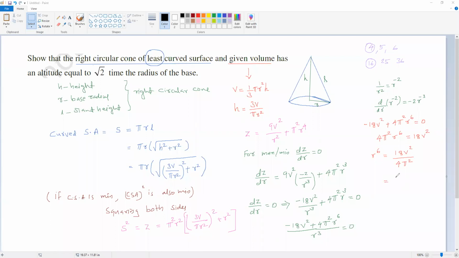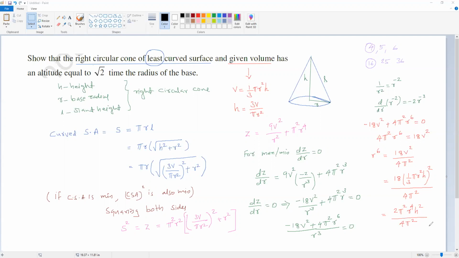So which is equal to 18 into volume squared. Volume is 1 by 3 pi r square h, its square is 1 by 9 pi square r to the power 4 h square, divided by 4 pi square.